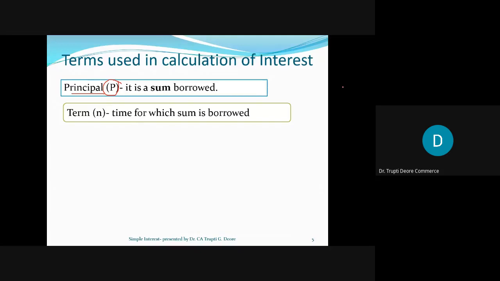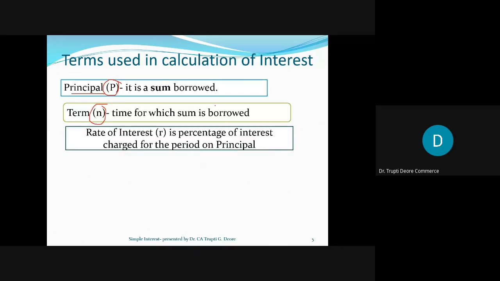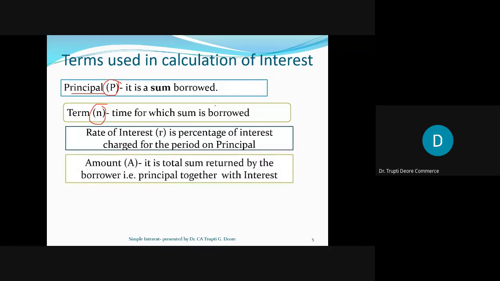Then n denotes duration or time. It's a small n. Then R is rate of interest or percentage of interest charged for the period, and it is always on the principal. And last one is A, capital A, it is amount.